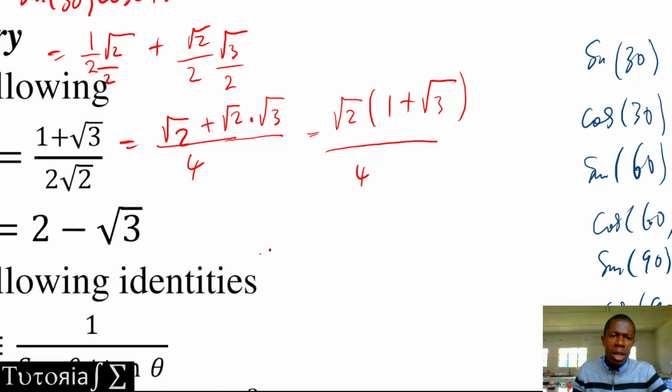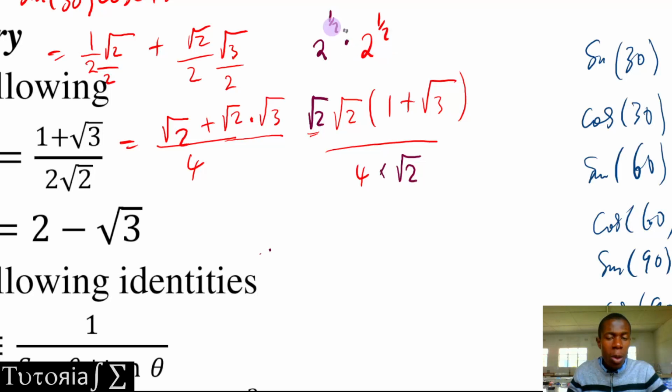And what we're going to do is multiply both the top and the bottom by root of 2 so that we get rid of the radical. So what is root of 2 times root of 2? The powers will add. So this is 2 to the power half times 2 to the power half.